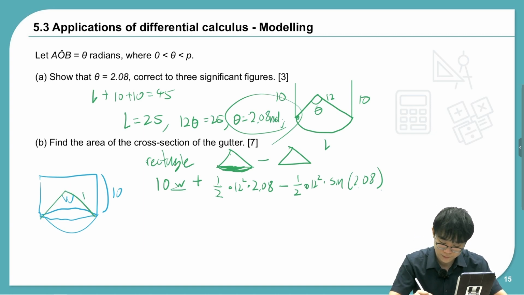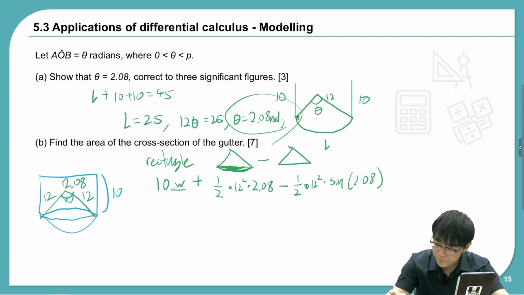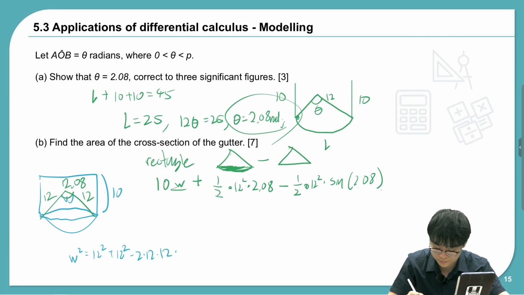Remember that we have a triangle with two sides, 12, and the angle between is 2.08. So this is a SAS condition where we're using the cosine rule. W squared is going to be 12 squared plus 12 squared minus 2 times 12 times 12 times cosine of 2.08.